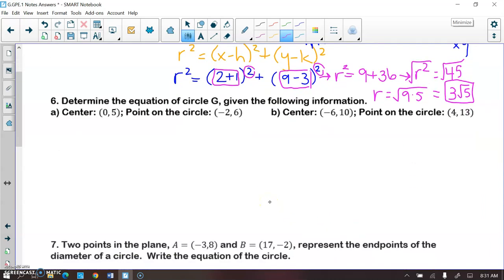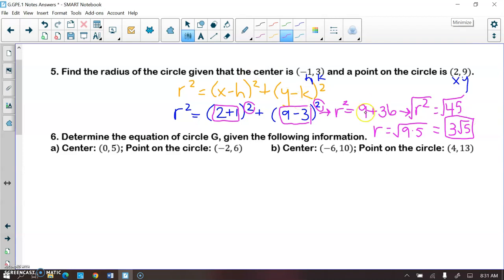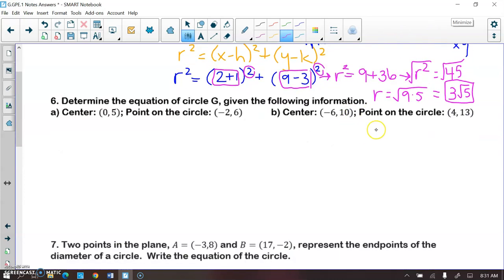All right, the next one, we're now going to write the equation given the center and a point on the circle. So we have to do the same thing as we did in number 5 to find our radius, but then we're going to use our radius and our h, k value to write the equation of our circle. So let's get started. I'm going to put 0, 5 in for h and k, and -2, 6 in for x and y.